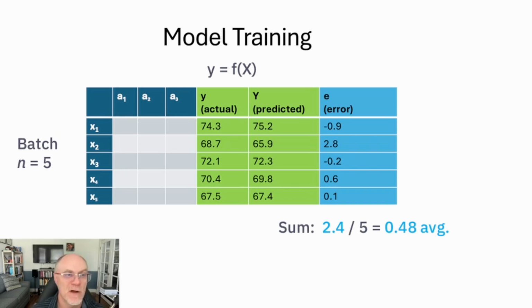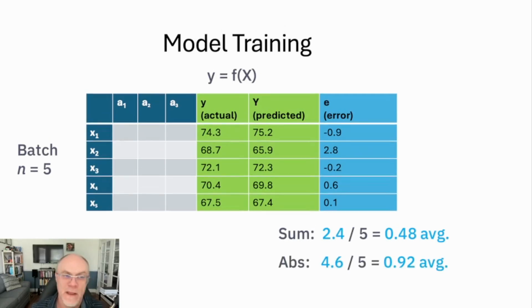But there is a flaw with this approach, because just by adding up those numbers, sometimes we have a prediction that's less than the actual, and sometimes it's greater. So if you just add the numbers, you're underrepresenting what our error is. So one approach to fix that is, okay, let's take the absolute value, so basically remove all the negative signs.